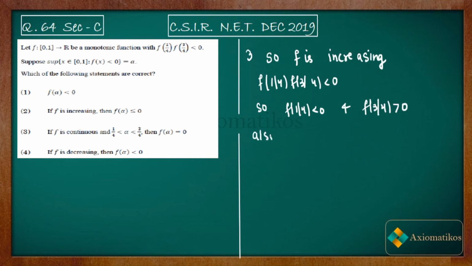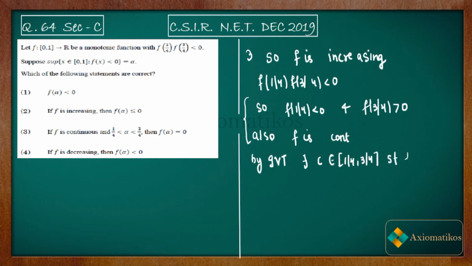Also f is continuous, so I can apply the intermediate value theorem. There exists C belonging to (1 by 4, 3 by 4) such that f of C is equal to 0. By the definition of alpha, we can conclude that alpha is less than or equal to C.